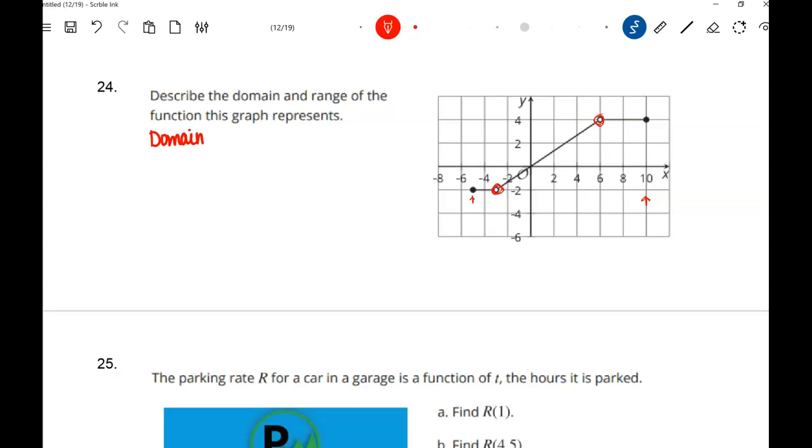So all of the x's are used from -5 to 10 except -3 and 6. So the domain is all numbers from -5 to 10 except -3 and 6.